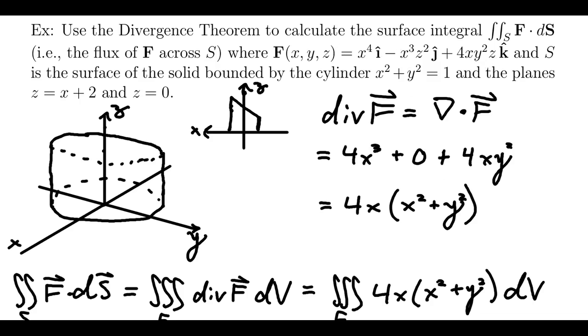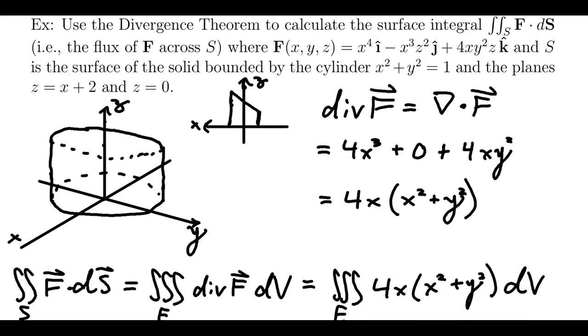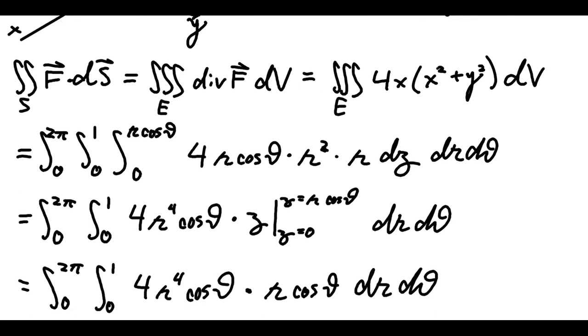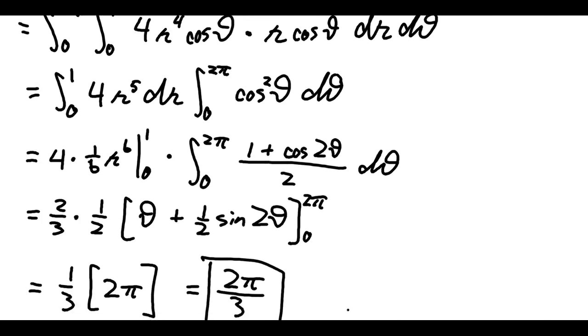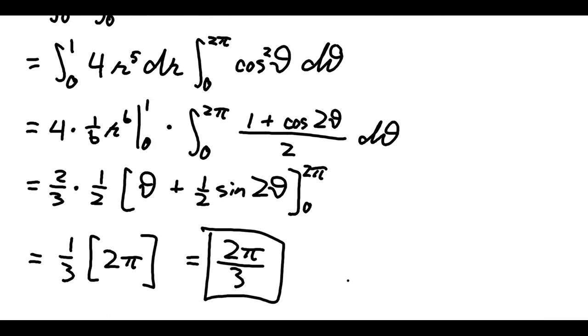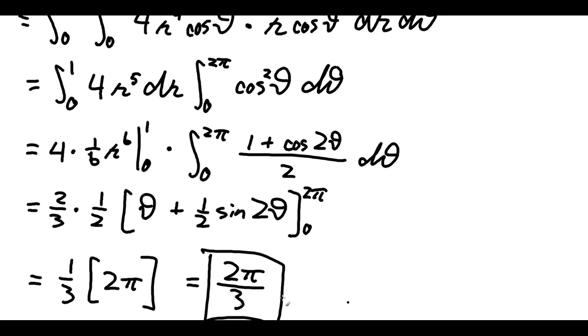So that is quite nice. And this divergence theorem allowed us to reframe this flux question into a question of finding the total net divergence throughout that region. And a little bit of work to grind through, but not nearly as bad as it would have been evaluating that surface integral directly, simplifying down to that 2 pi over 3.